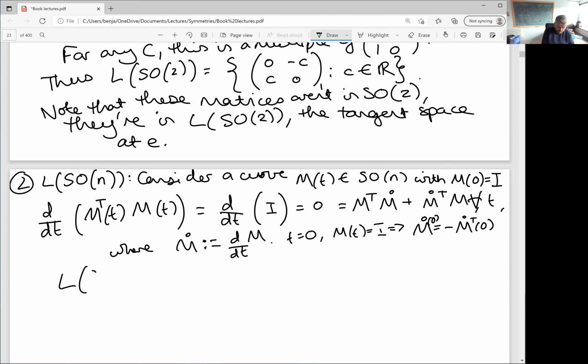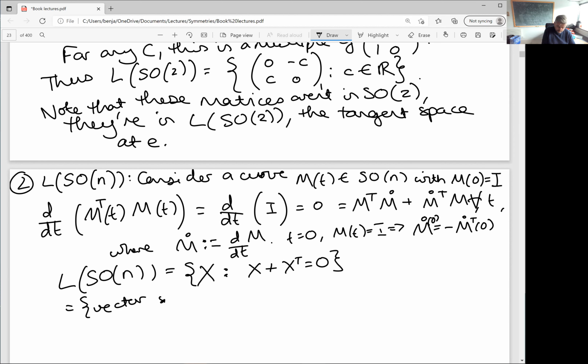So the Lie algebra of SON is the set of all matrices which are anti-symmetric, n by n matrices which are anti-symmetric. So it's the vector space of real antisymmetric n by n matrices.